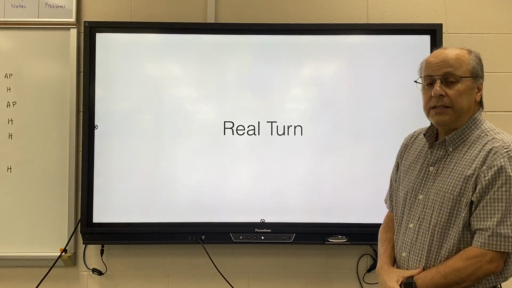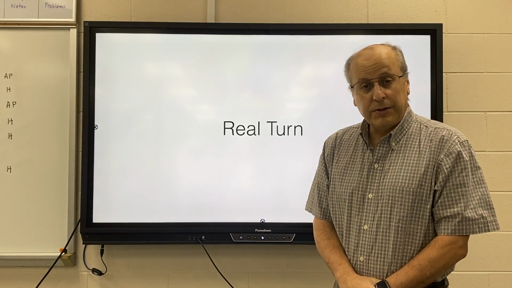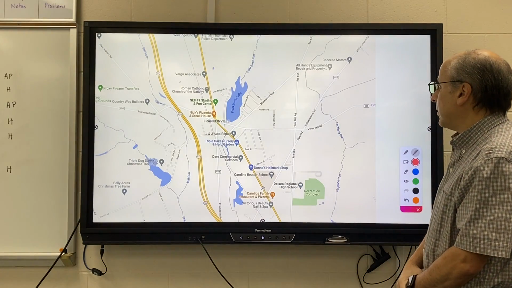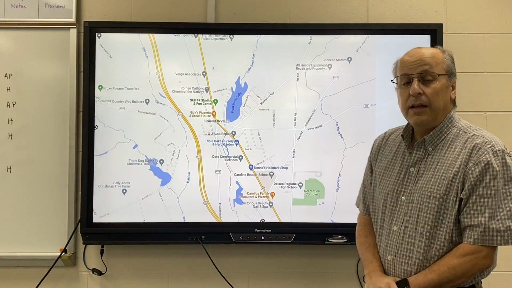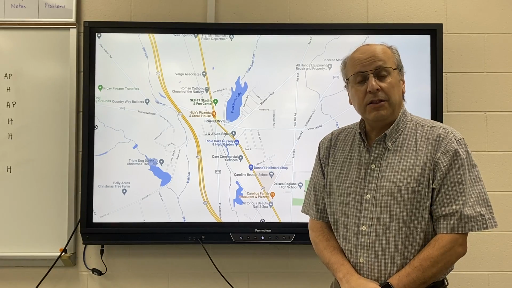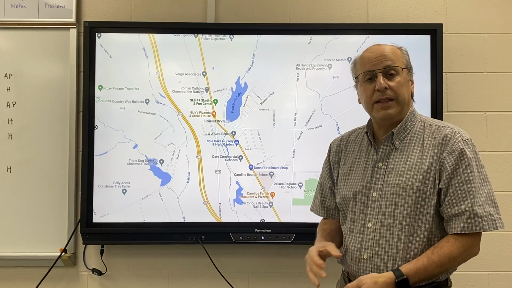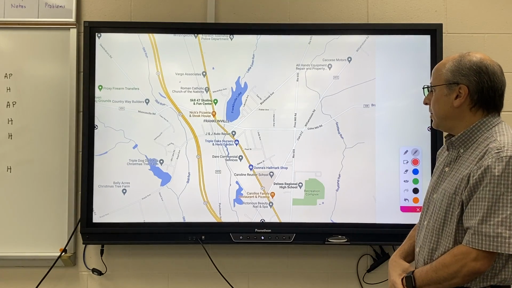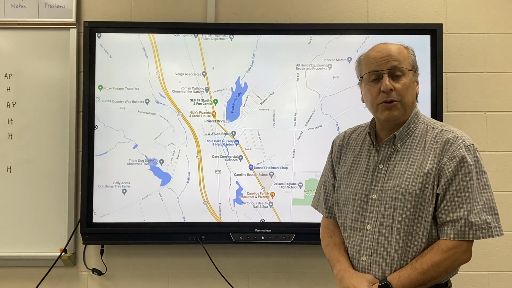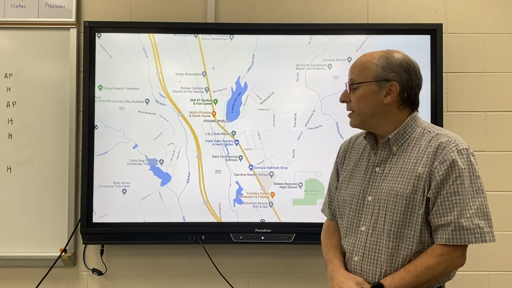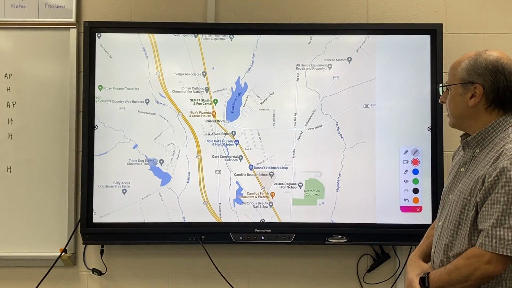It would also be nice if you could learn how to do a real turn. So I'm going to ask you to find the maximum speed that you can go around the turn, and the turn we're going to do is in the heart of Indianapolis. So go onto your Chromebooks and onto Google Maps, and start out here in Franklinville.